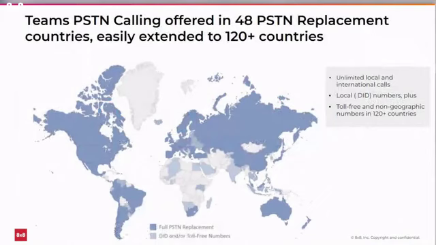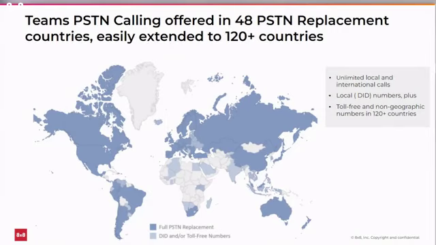Organizations using 8x8 Voice for Microsoft Teams receive enterprise-grade telephony features, unlimited local and international calling to 48 countries based on the 8x8 calling plan being used, full PSTN replacement across 48 countries, which means customers can extend Teams PSTN calling to all those 48 countries or add 8x8 calling plans in countries where Microsoft does not yet offer them.